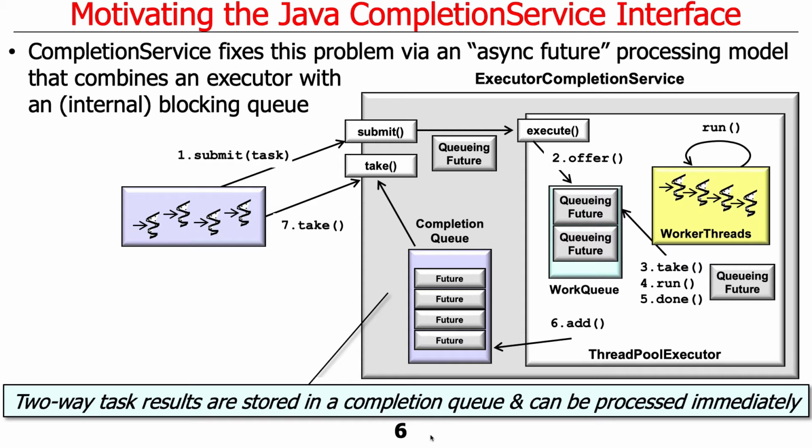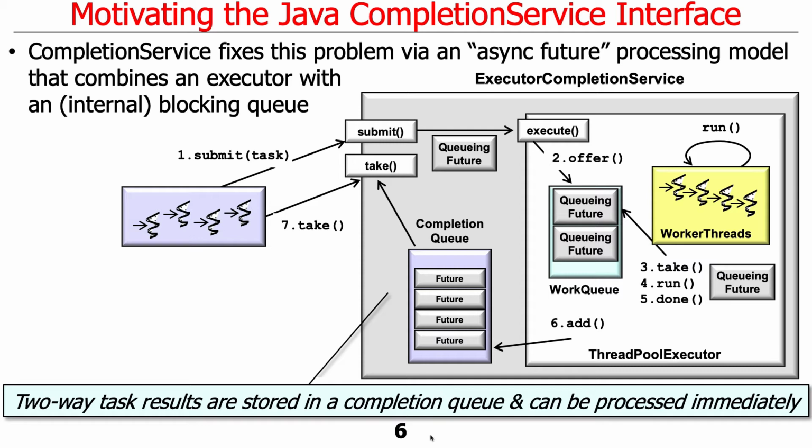So the completion service, or the executor completion service, fixes this problem by using a so-called async future processing model. And that combines an executor with an internal blocking queue, and that internal blocking queue is used to store results that have completed, such that whenever we get an item off the queue, we already know it's finished, and so we can get its results right away.